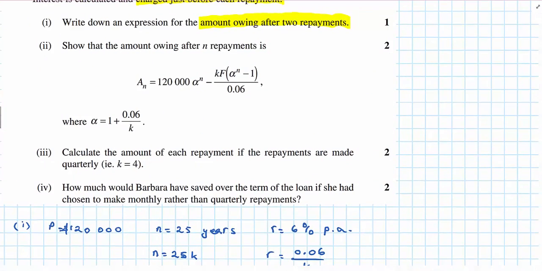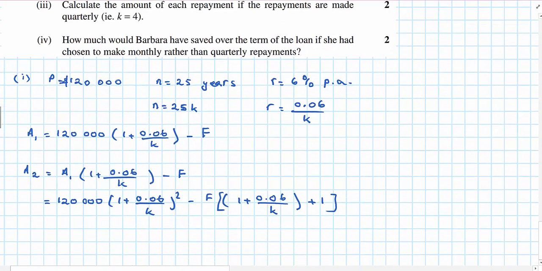Part 2 says show that the amount owing after N repayments is given by this. So now they're saying establish a pattern, generalize from the pattern, and derive this formula. That thing that is a little bit challenging to write, 1 plus 0.06 over K, can be rewritten as alpha. So let's have a go at that.